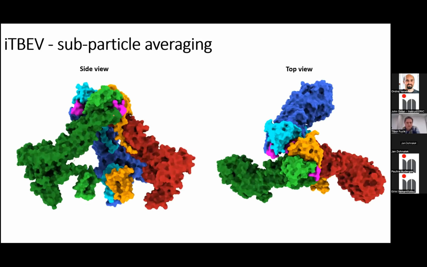So here you can see it better on the molecular surface representation that the fusogenic loop, depicted in magenta, is fully covered by the PRM, and the PRM is holding the E protein in a conformation that you have a kind of dimer of E protein and PRM, plus another, let's say, kind of orphan E protein PRM that is attached from the side to it. So this way, this is a trimer, but this is a non-symmetrical trimer. So we cannot reconstruct this in any symmetry like C3. We have to go down with C1 symmetry.